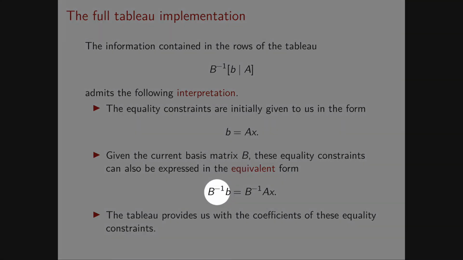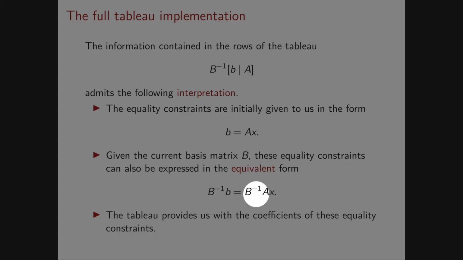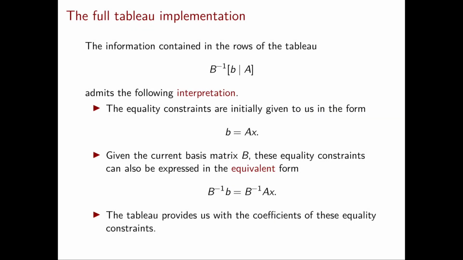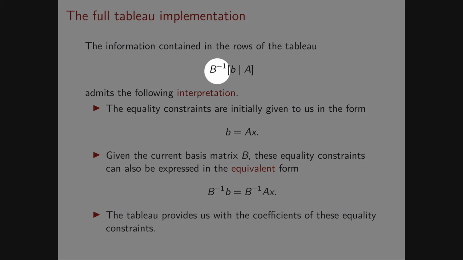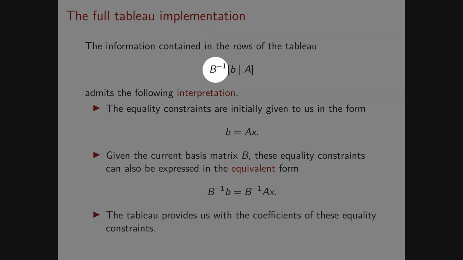We obtain this system: B inverse b is equal to B inverse Ax. Now the coefficients of this system of equations is exactly our simplex tableau. Now, if at the beginning of our iteration this is the simplex tableau, it means that at the beginning of the next iteration, the simplex tableau will be instead B bar inverse times bA.